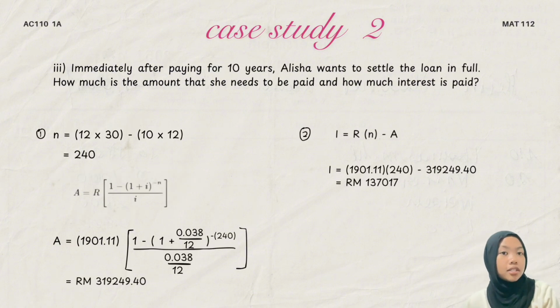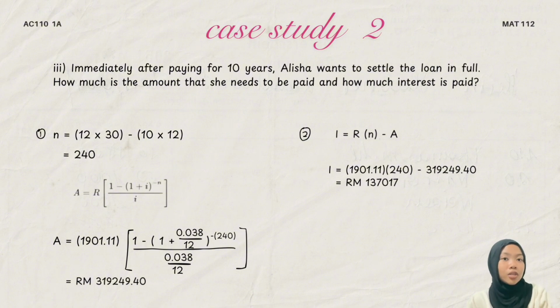The last question is, immediately after paying this year, Alicia wants to settle her loan in full. How much is the amount she needs to pay and how much interest is paid? So to find the amount, we need to find the remaining months after this year. So n equal to 12 times 30 minus 10 times 12. So the remaining number of months is 240. And to find the amount, we use the formula A equal to R bracket 1 minus (1 plus i) power of negative n, over i.